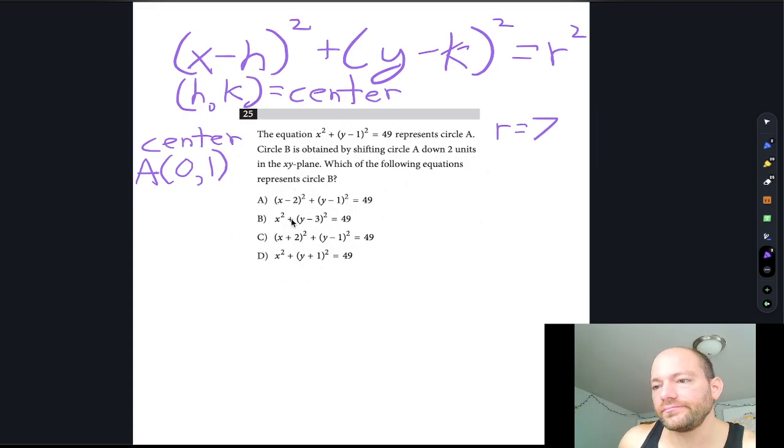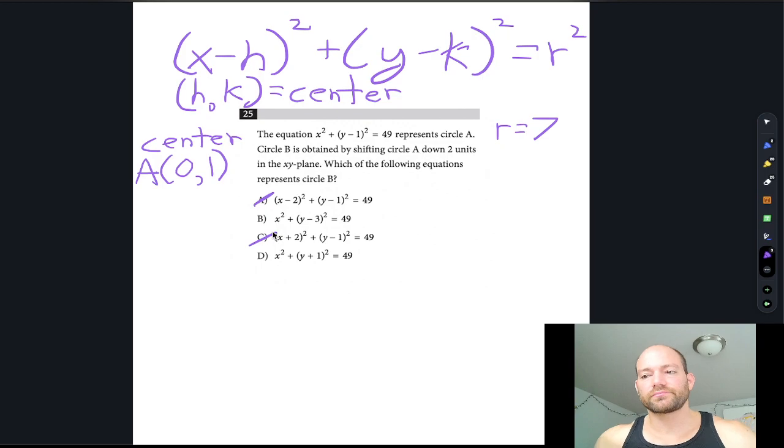So I think we can just get rid of any choice that is keeping the y part the same as it was. We know that the original equation is (y minus 1) squared, so any equation that still has the (y minus 1) squared, we can get rid of. Because the y part gets affected by moving something up and down. That makes sense, right?